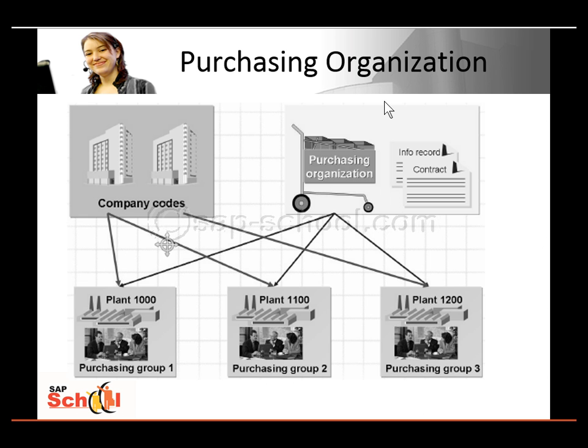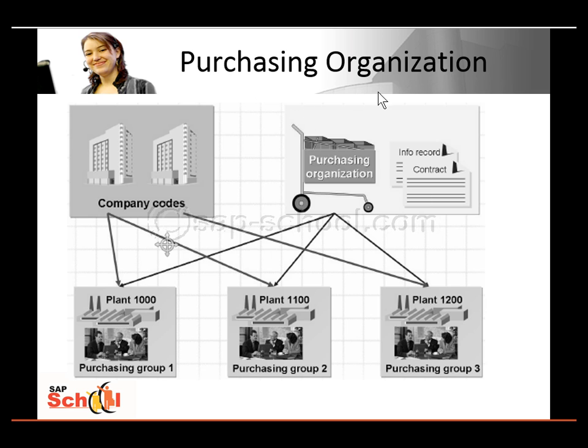One of the key org units in MM is the purchasing organization. This org unit within logistics subdivides a company according to the requirements of purchasing. A purchasing organization procures materials or services, negotiates conditions of purchase with vendors, and assumes responsibility for such business.